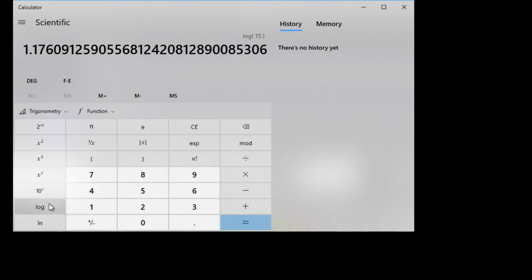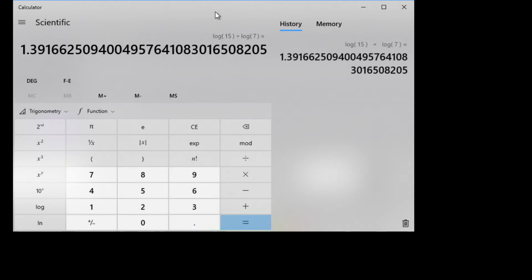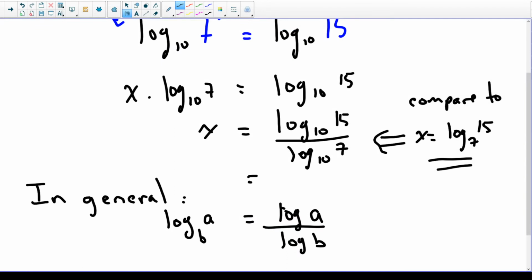So 15 log divided by 7 log and equals, and the answer would be 1.39, and there's a heck of a lot of precision to that answer, okay? So I'll go back to my smartboard. So 1.39 would be the answer with all of the precision that we would need, okay? So I'll just put an approximately equal there.